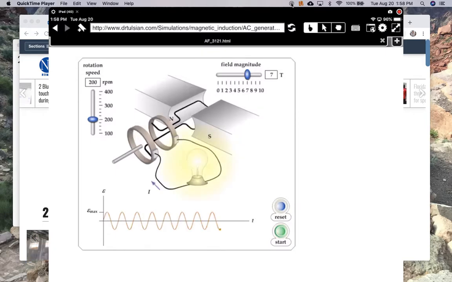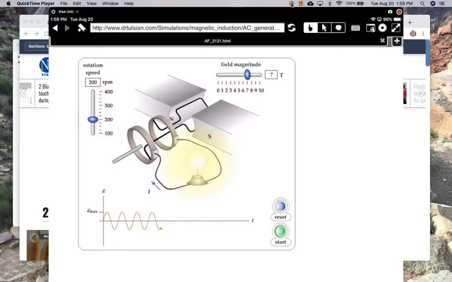So in the dam, you're converting the potential energy of water into electrical energy. In a windmill, you're converting the kinetic energy of the motion of the wind into electricity. In a coal power plant, you burn coal, you produce steam, and the steam turns this loop of wire, converting the chemical energy of coal into electricity.